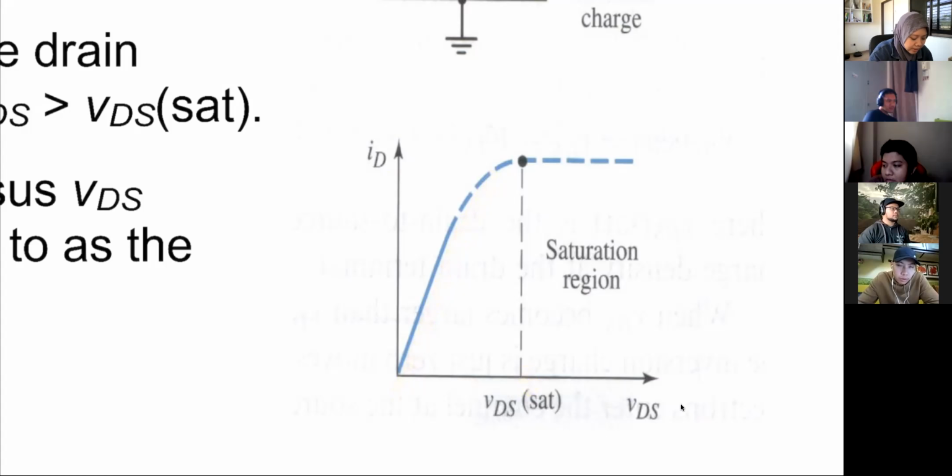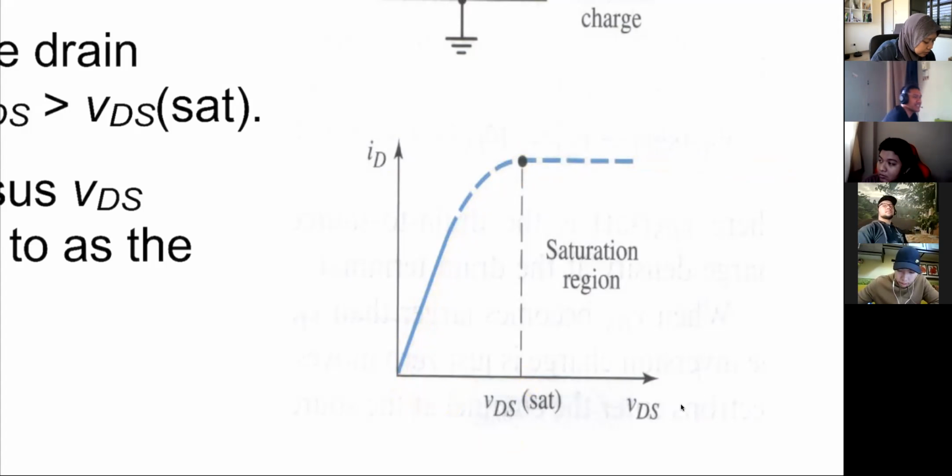As you increase VDS, the current will increase linearly, right? Assuming the source is 0, we can simplify this to VD. As you increase VD, the drain current keeps increasing until it reaches a point where it saturates like this, and this is the saturation mode.